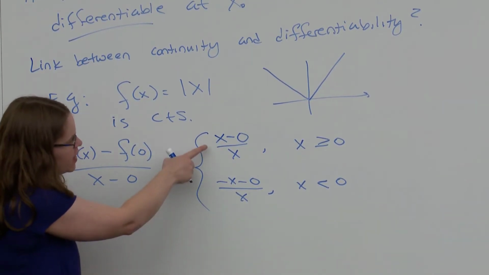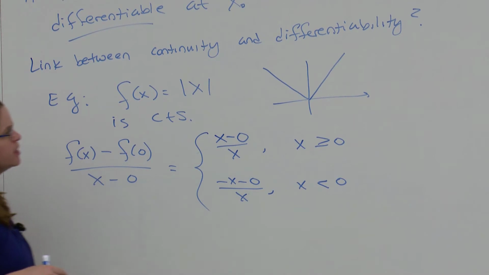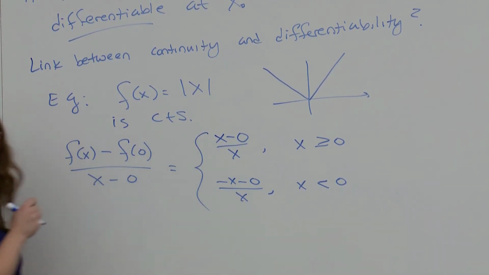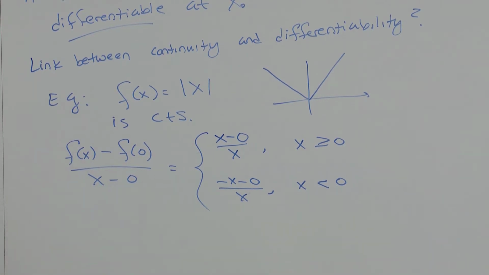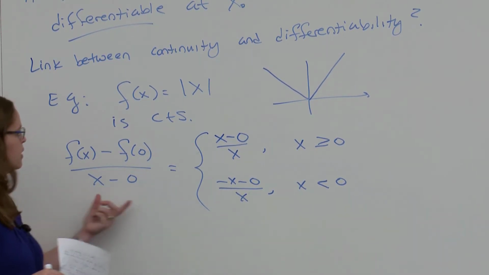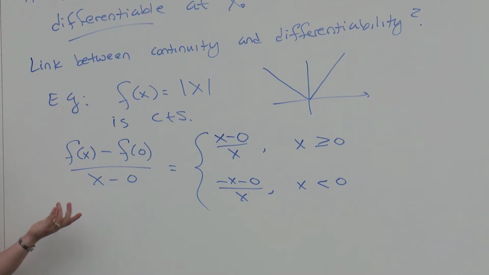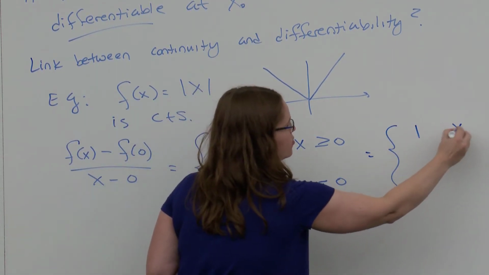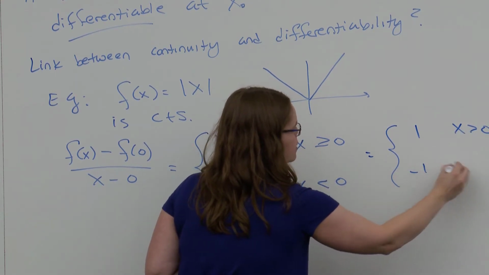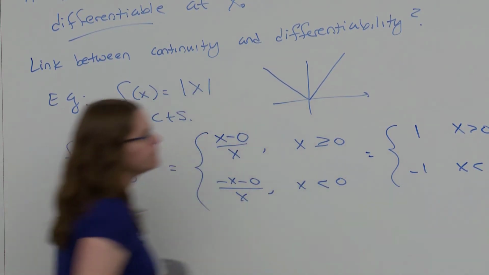All right, and if we simplify this down, this is going to be a 1 if x is positive. It's going to be a minus 1 if x is negative. It's going to be not defined if x is 0. So this, we could say, is 1 if x is positive, and minus 1 if x is negative.